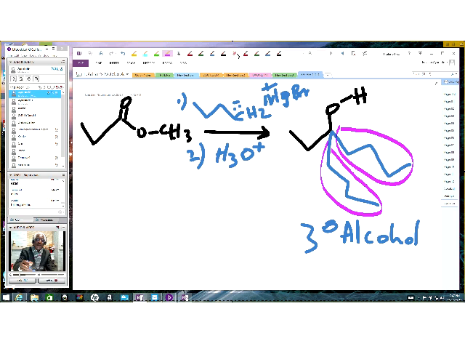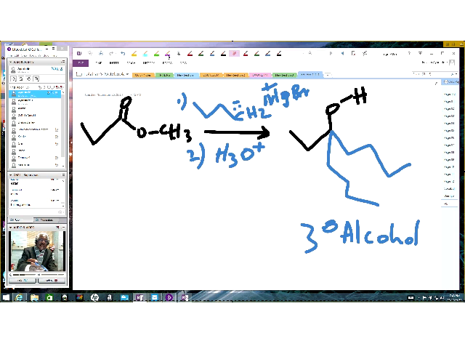Now the next thing they want us to do is to give the mechanism of this reaction. In other words, how did this happen? Okay? Now, keep in mind that when you have a Grignard reagent, now that we want to do the reaction mechanism, this carbon here that is attached to the magnesium is your nucleophilic carbon.